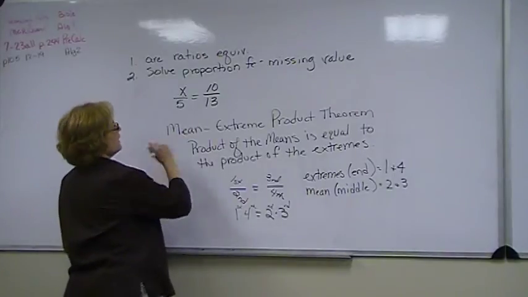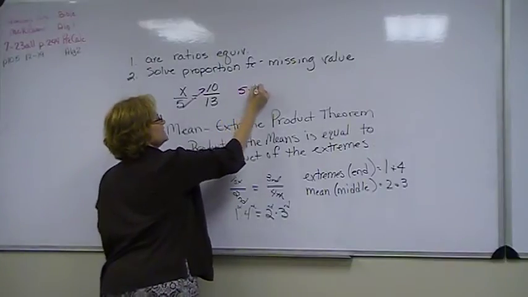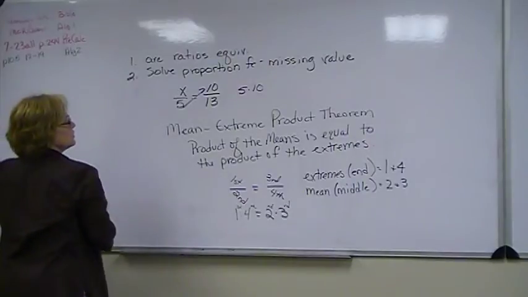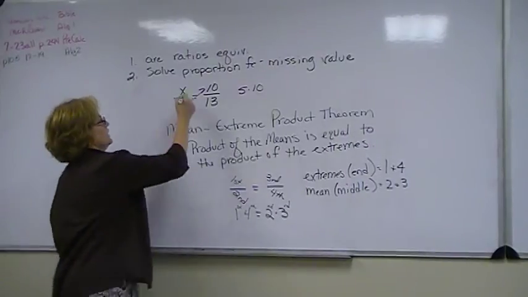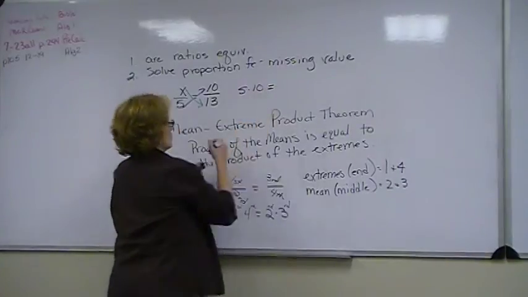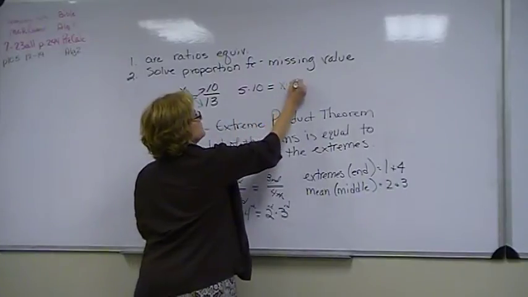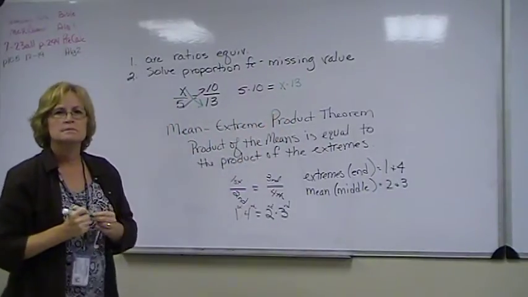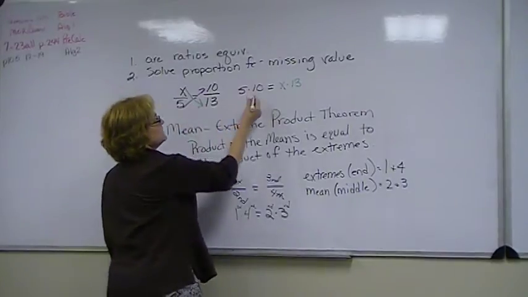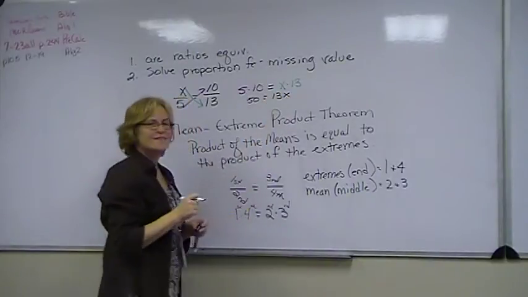So the product of the means, which is 5 times 10, is equal to the product of the extremes, which is x times 13. Let's simplify that step, and 5 times 10 is 50, which is equal to 13x.